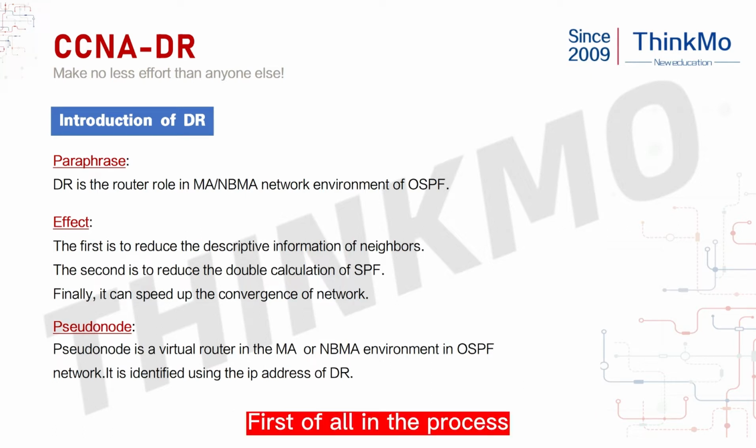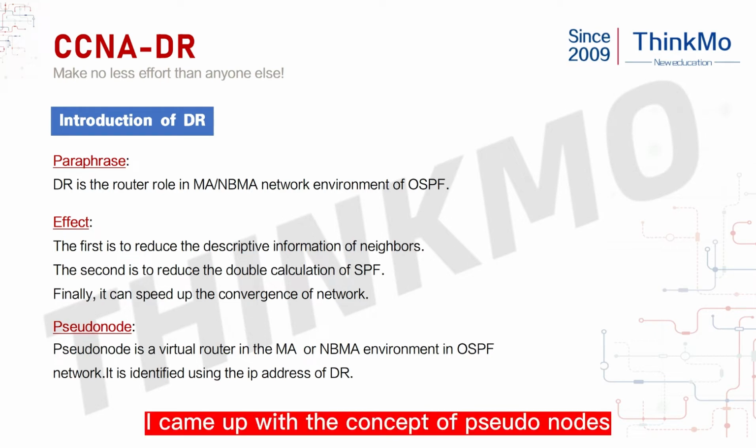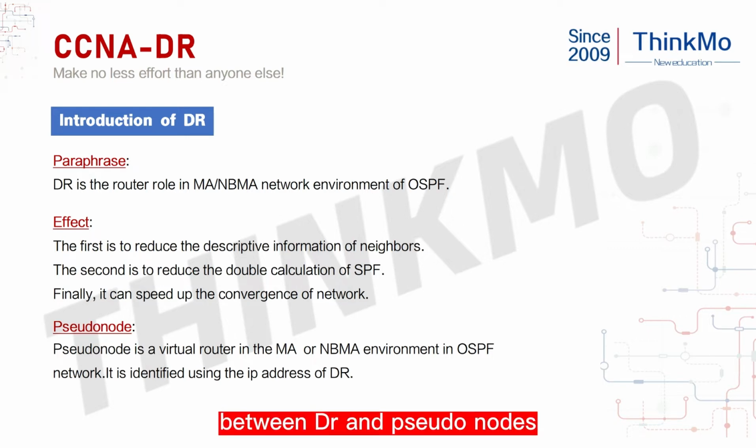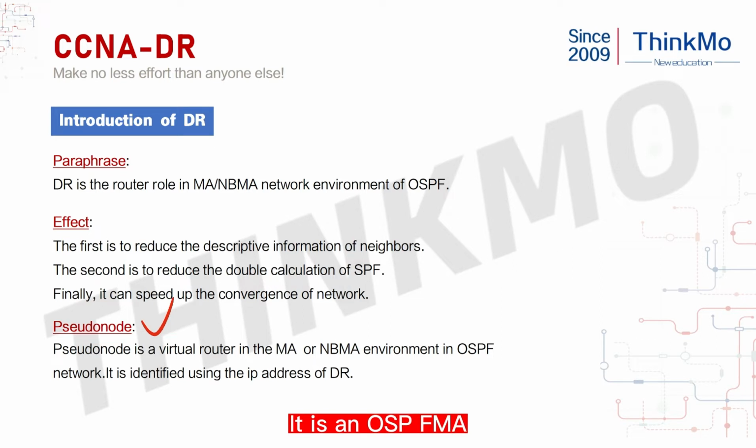First of all, I'll introduce the concept of pseudo-nodes. What is the relationship between DR and pseudo-nodes? The first thing we need to know is what a pseudo-node is. You can think of it as a virtual router in an OSPF MA, or NBMA, environment.